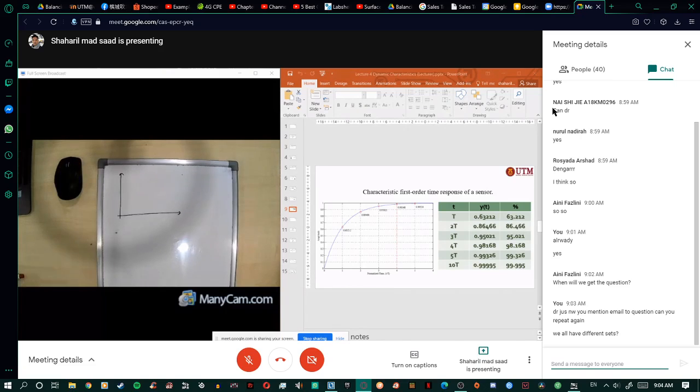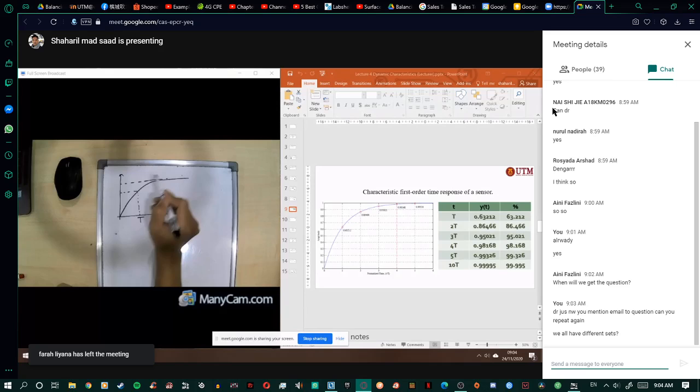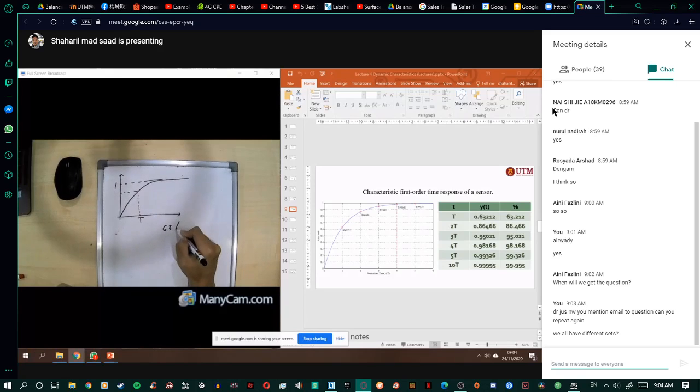Okay. So if you look at here, you need to be able to draw your first order system. In the first order system, you have two parameters that you need to remember, which is tau. What is meant by tau? That means 63% of the final output.